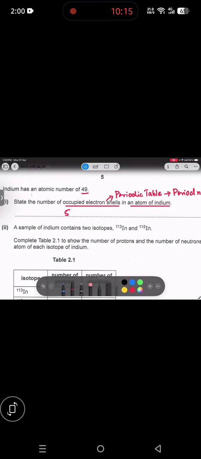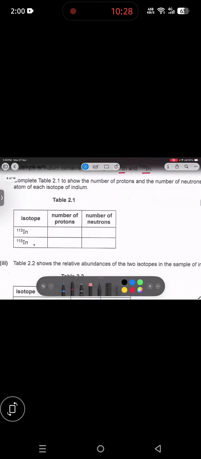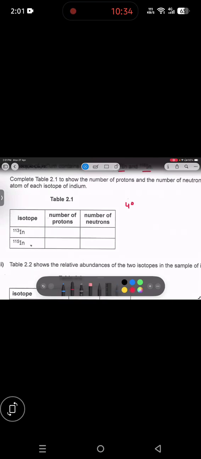Okay, now the next one. A sample of indium contains two isotopes, 113 and 115. The atomic number for indium, which I have already checked, is 49. So for 49, the number of protons for both of the isotopes is the same.